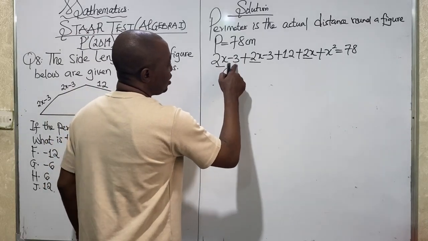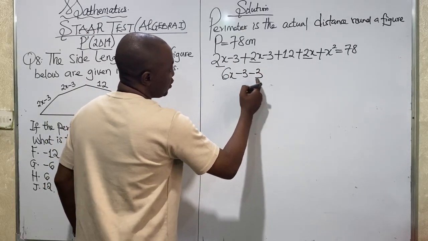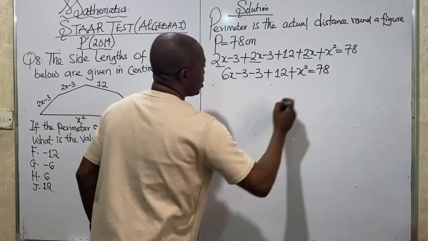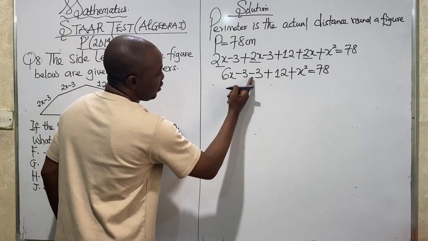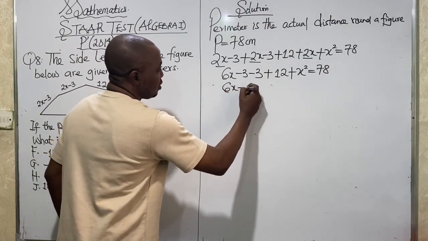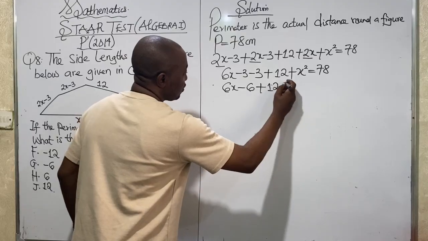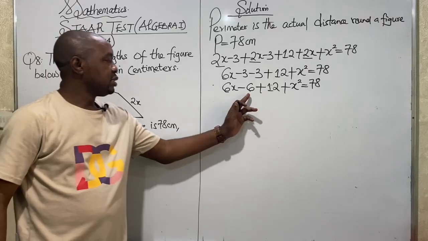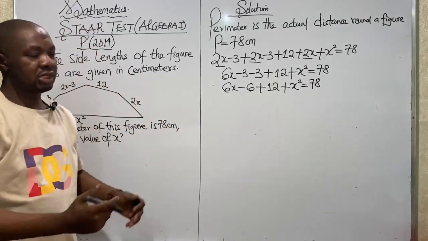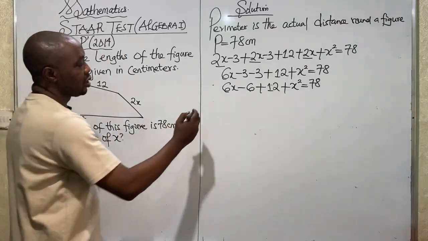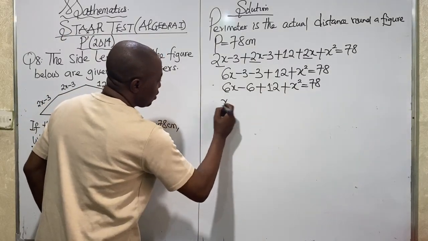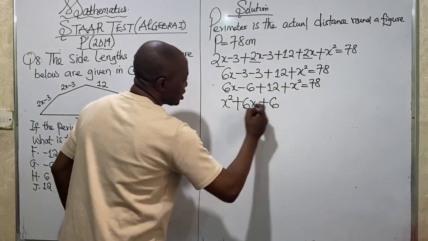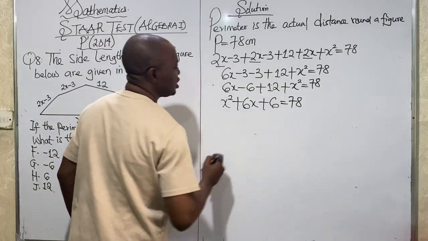Negative 3 minus 3 is negative 6, then plus 12, then plus x squared equals 78. Negative 6 plus 12 will be 6. So we have x squared plus 6x plus 6 equals 78.